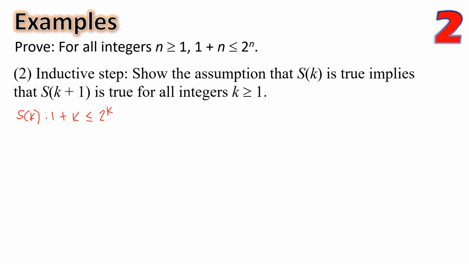By multiplication property of inequality, we can multiply both sides by a value. Let us use 2. Since we multiply both sides by a positive value, the sense of the inequality will not be changed. From here, we'll have 2 plus 2k is less than or equal to 2 raised to k plus 1.